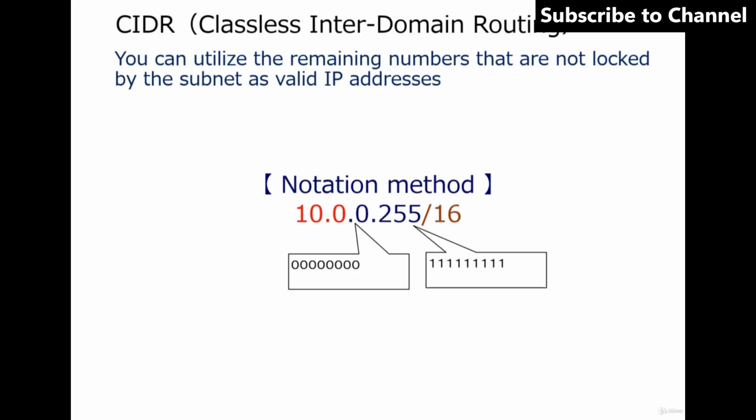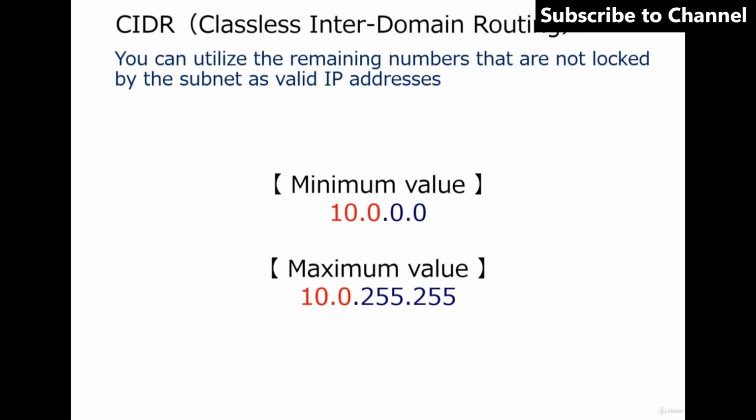If you mask with the subnet /16, you can set a valid IP address range within 0.0 to 255.255.